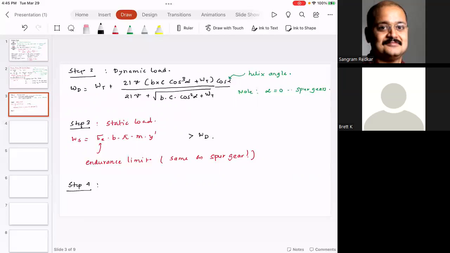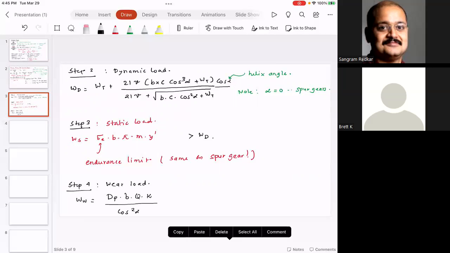Step 4 is we have to find out the wear load, and wear load is given as WW. Equation is dP times B times Q times K divided by cosine square alpha. And here are some other equations that you can actually use.